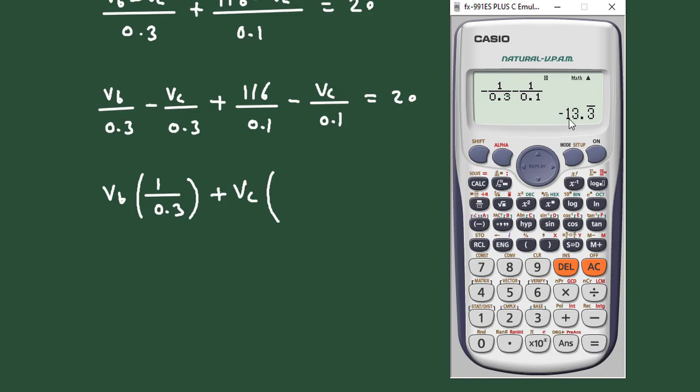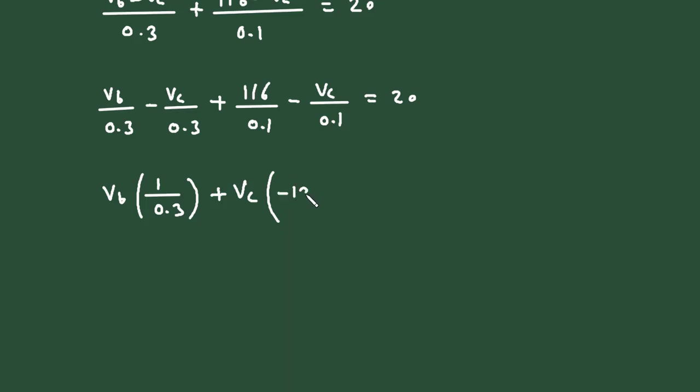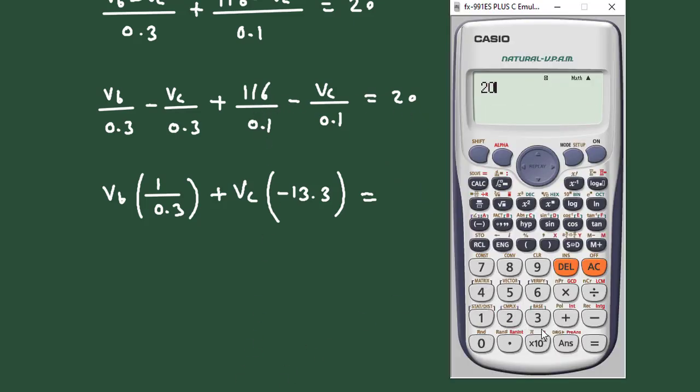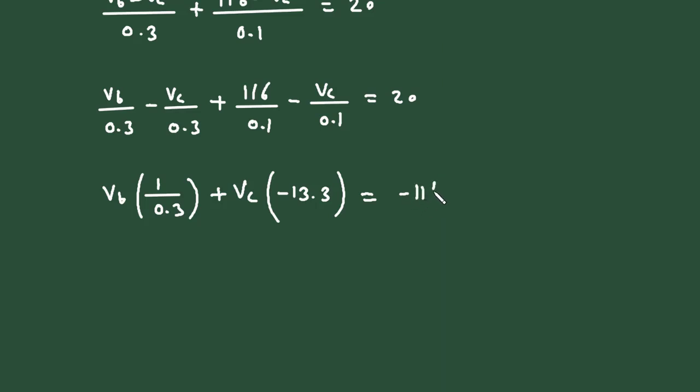So it is minus 13.3 VC, equal to, now we will directly solve this, 20 minus 116 divided by 0.1. So it is minus 1140. Now this is equation number 2.